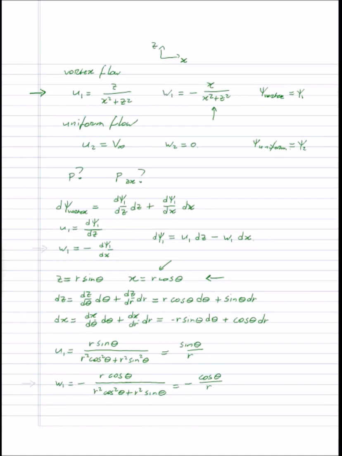We multiply that u1 by dz, and dz was defined as r times the cosine of theta d theta plus sine of theta dr. And then we add, so we'll continue in the next line, cosine theta divided by r.